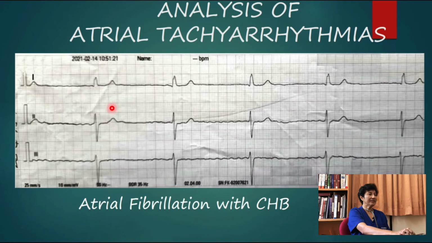This rhythm strip again, lead 1, 2, 3. It shows regular RR interval with clinically significant bradycardia of around 40 beats per minute. On the baseline, you can't see regular P waves, but you can see low amplitude irregularities.